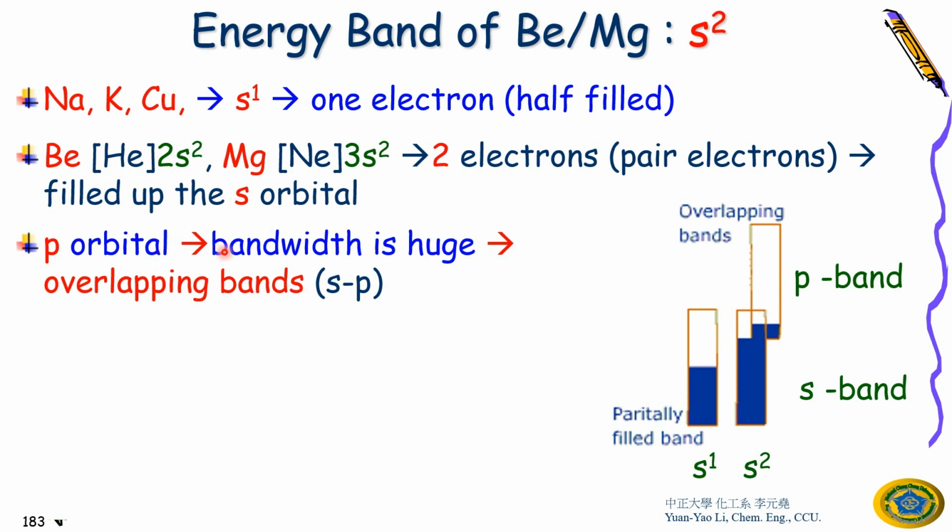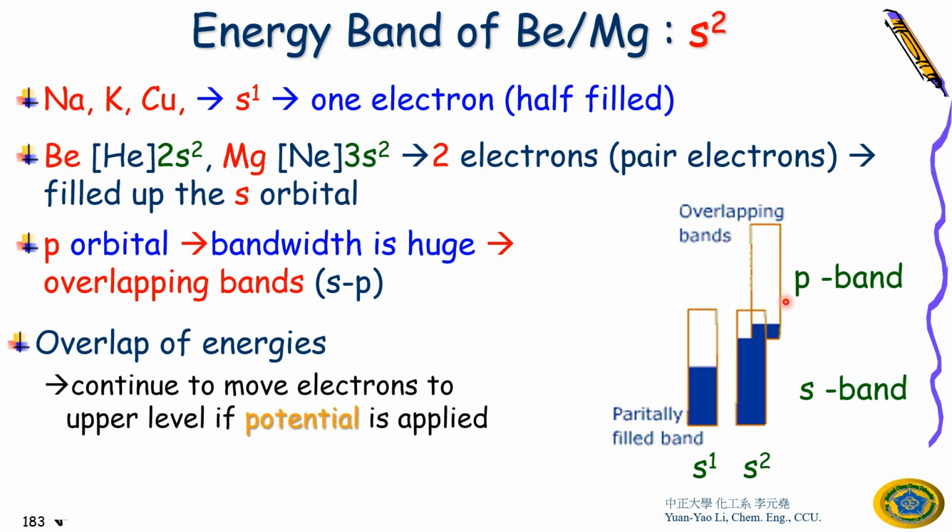The p orbital bandwidth is huge, so it's an overlapping band. This only applies to the solid, not gas. In the gas phase, there's no overlap of the p orbital with the s orbital. But for the solid phase, because the atoms are very, very close, the orbitals will be overlapped. So with the overlap of the energies, electrons continue to move to the upper level if the potential is applied.